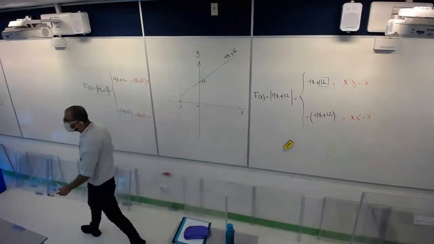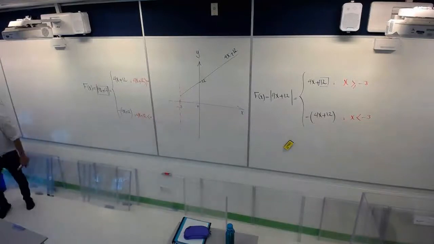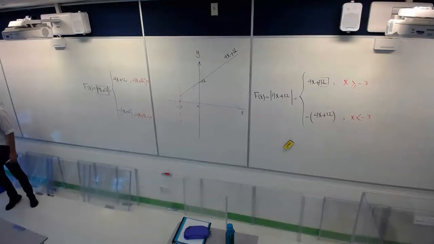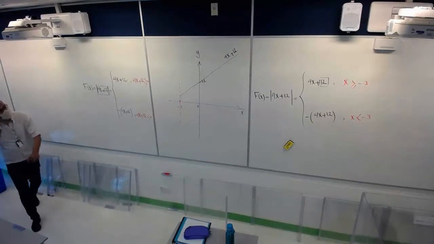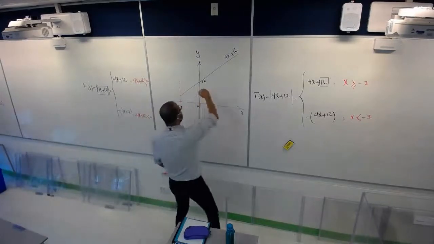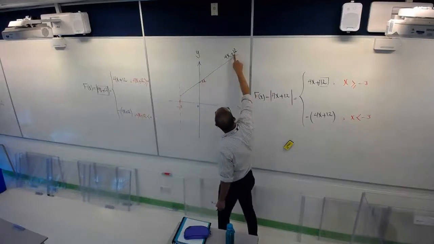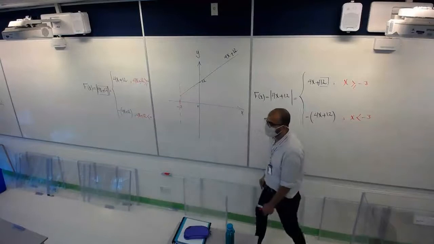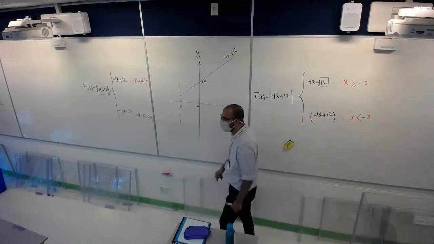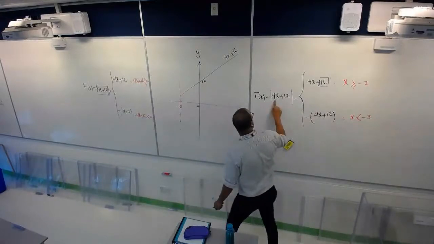How do you know how to plot the line? You just draw a line, not exactly, just approximately. I did it approximately because 4x is parallel to y equals x, and the intercept is 12, so any line that goes through 12 is okay, if it has a slope of 4.